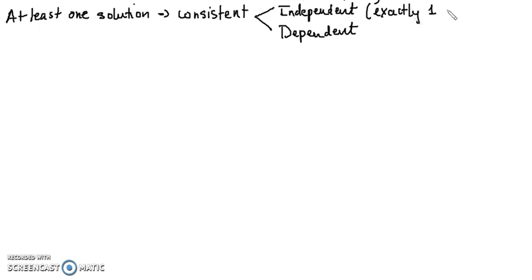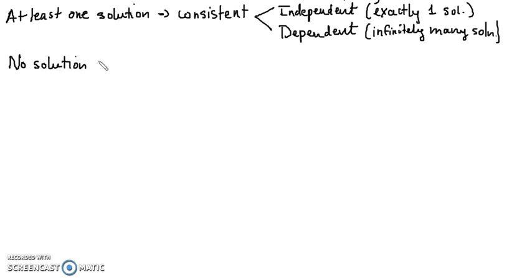Now, dependent system, we have infinitely many solutions. And then a system that has no solution, we call it inconsistent.